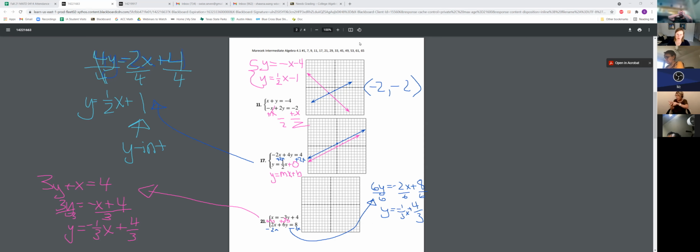Let's see, what could we try? Does anyone have an idea of what we could plug in for our x to get one good point? Yes, -3. Okay, sure. Let's try plugging in -3. So if we plug in -3, we have y equals negative 1/3 times -3 plus 4/3. Is that going to give us a nice number?